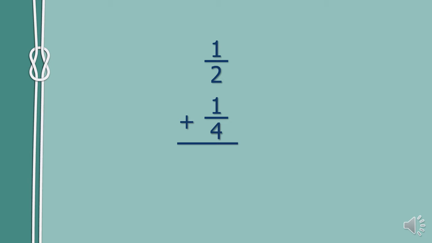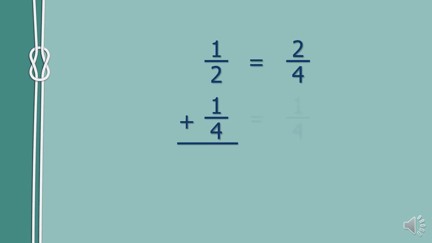And to do that, we have to think, okay, how could I change 1/2 into an equivalent fraction that still means 1/2, but has a 4 in the denominator? And we did that in our last lesson. So remember, we can multiply by a name for 1. That's the identity principle. That's not going to change the value of 1/2, but it is going to change the terms. So if we multiply 1/2 by 2/2, a name for 1, then we get 2/4.